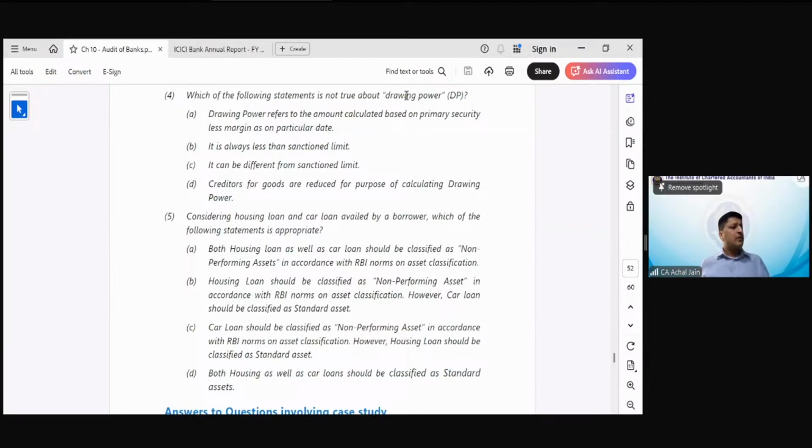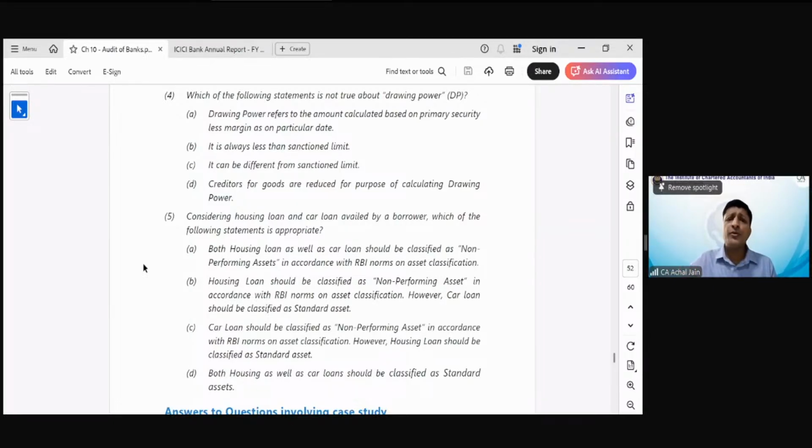The moment you consider NPA, please remember, it's not the credit facility that you consider NPA. It's the borrower, because the borrower has to repay the loan. Credit facility will not repay the loan, right?